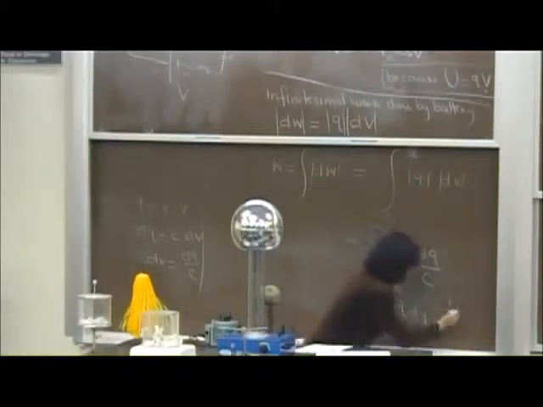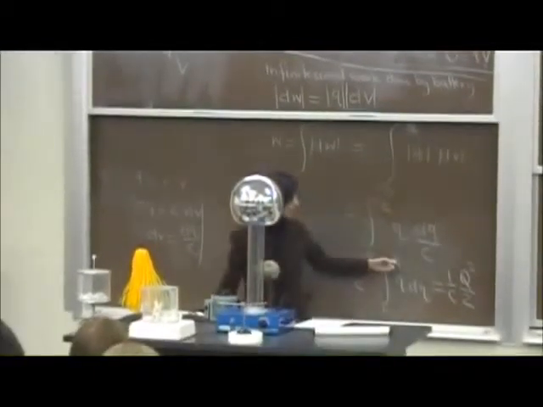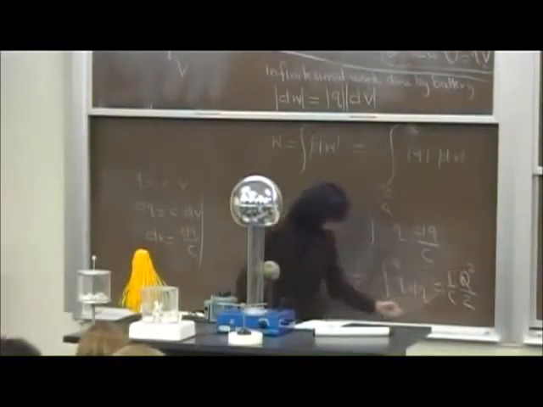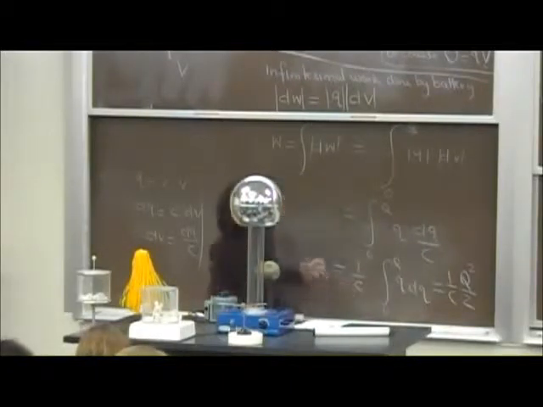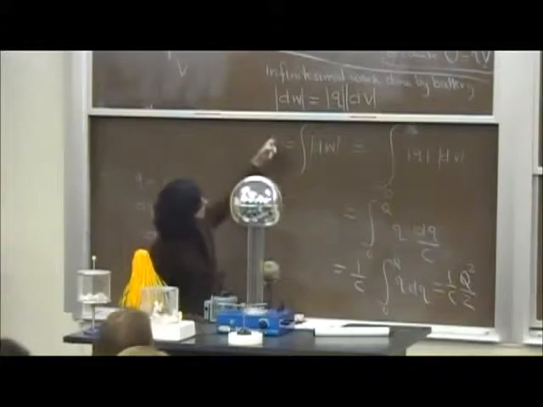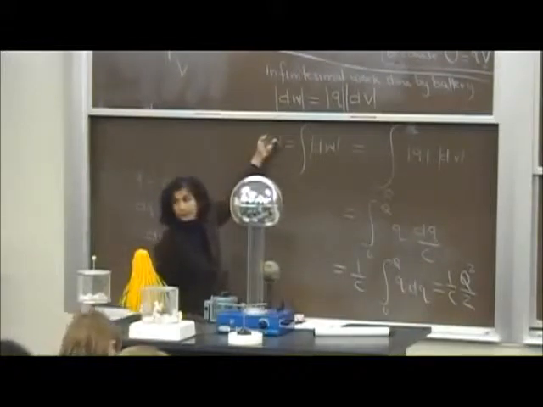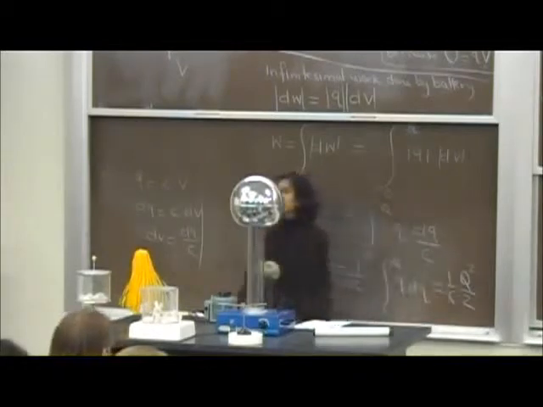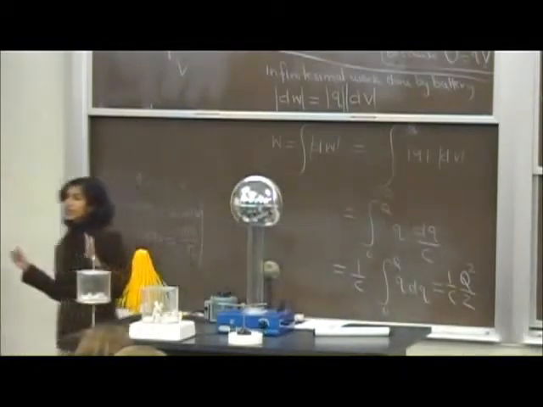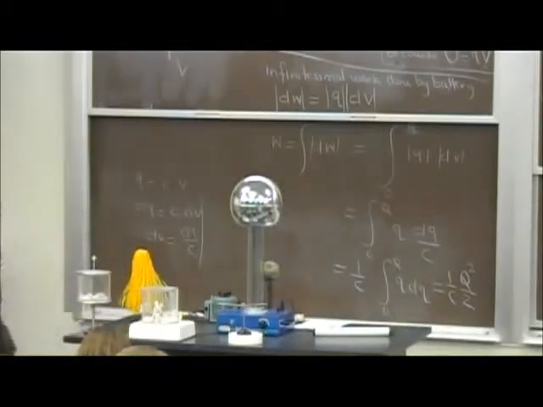So this is 1 over C times Q square over 2, because when you put the upper limit, you will get capital Q square. When you put the lower limit, it's 0. So basically, what have we figured out? We have figured out that the work done by the battery is equal to Q square over 2C. Should that be equal to the electrical energy that is stored between the plates of the capacitor?